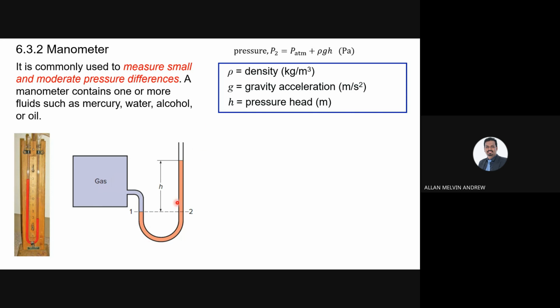A manometer normally looks like a U, a U-tube. It's not YouTube, it's just that the design looks like a U. Now, pressure P2, we know. This is actually atmospheric pressure, because it is exposed to the atmosphere. So we have atmospheric pressure plus rho gh. We will come to this point. So this is P2.